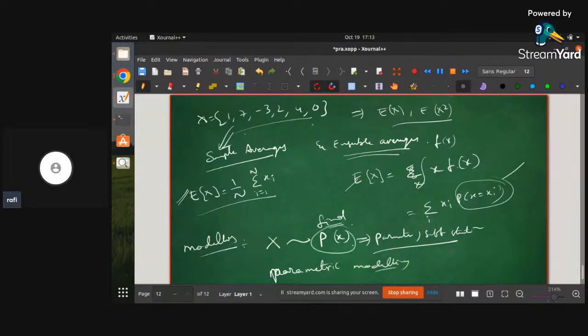The entire distribution is defined by a limited number of parameters like mean and variance, for example in a Gaussian distribution.